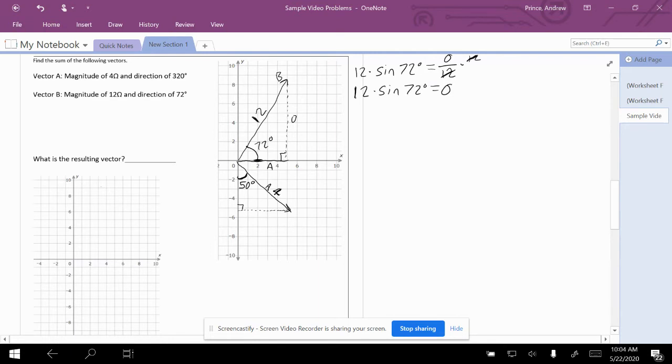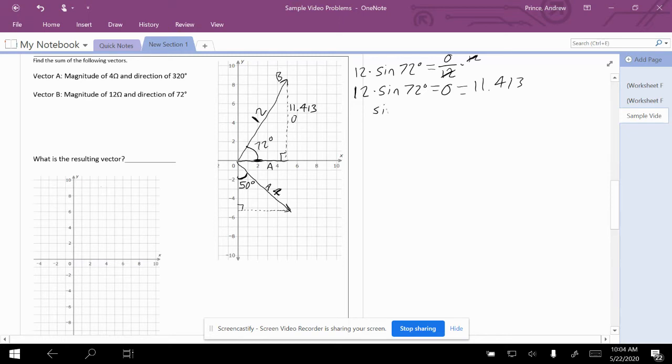So plug that in, 12 sine 72, and that gives us an opposite of 11.413.